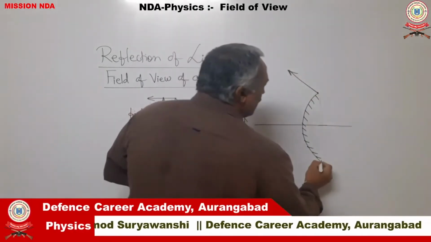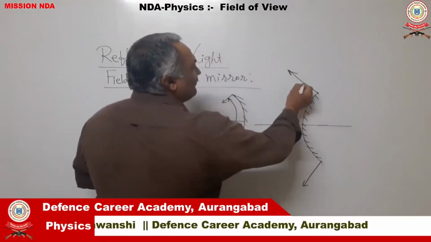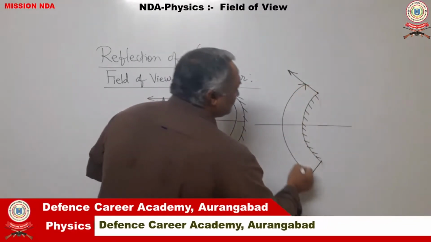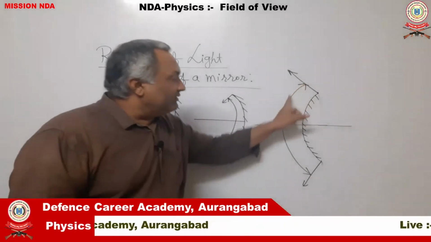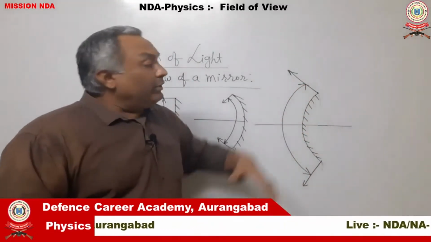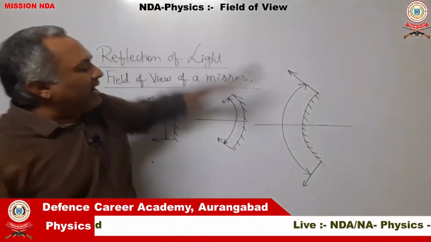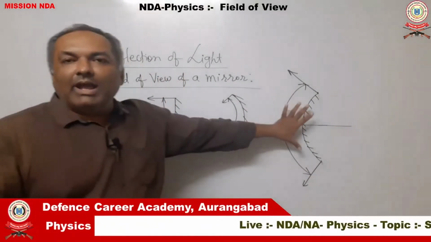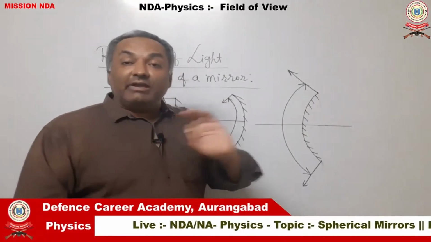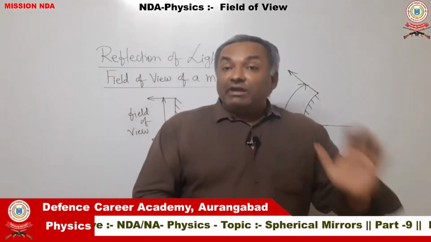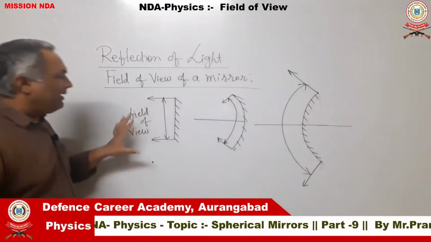For a convex mirror, the field of view is this much. You can just go on extending this line and this line here, and you will realize that the field of view of a convex mirror is very large compared even to the field of view of a plane mirror.